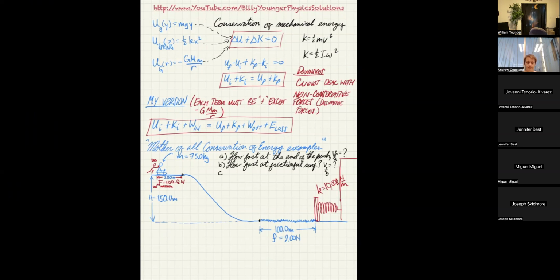Okay, C, how far does she get in the frictionful area? Or how fast, in other words, if she makes it the whole way, how fast at the end?